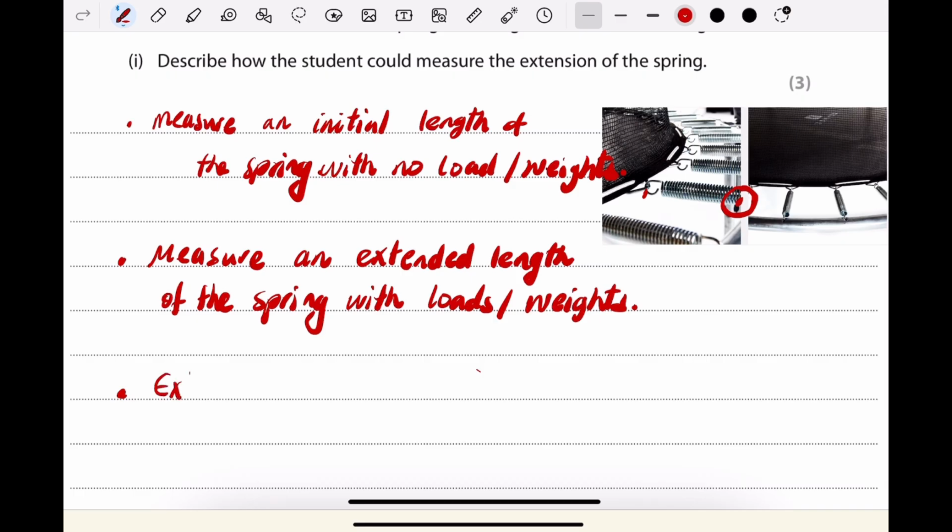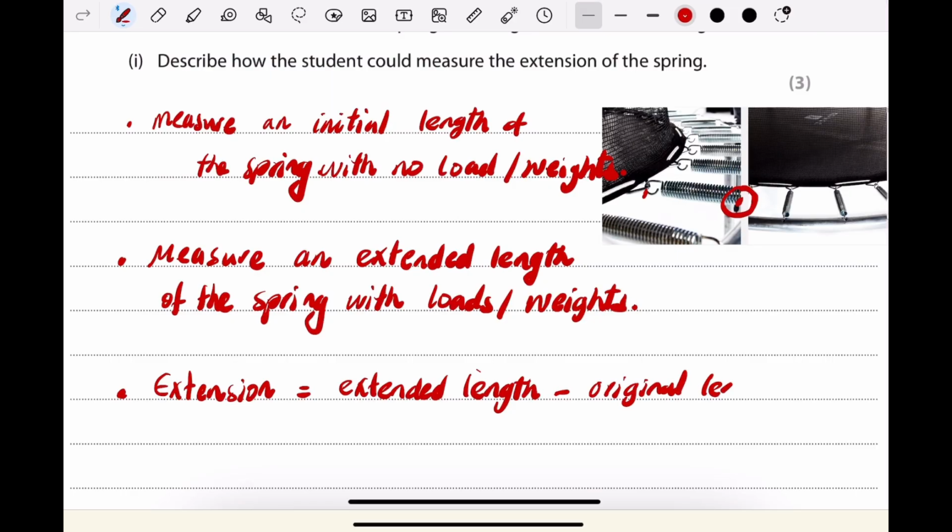So for mark point 3, I would say extension equals the extended length minus original length. I told my students, if the extension is x, the extended length is L minus L0, where L0 is the length when there is no applied force or load.